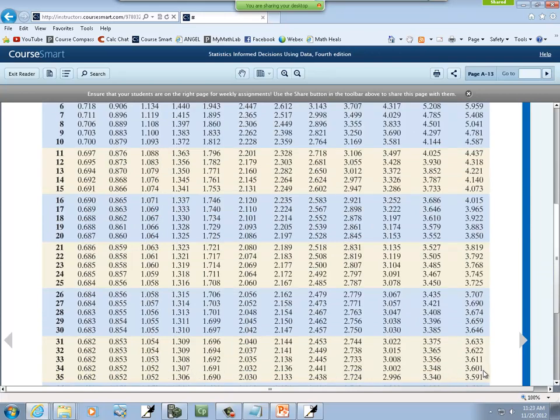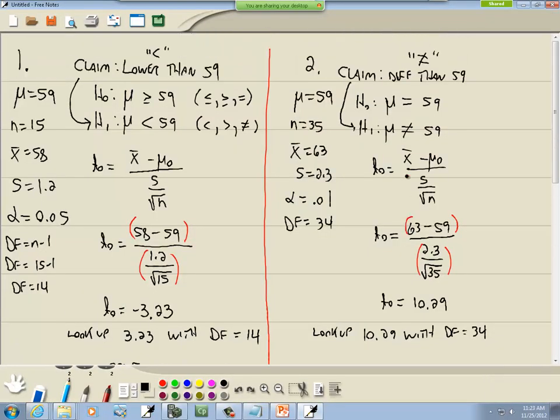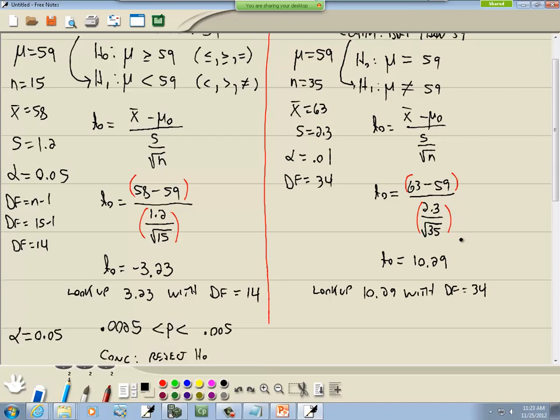That's kind of a big test statistic, isn't it? I guess that would be different. 63 and 59 are pretty widely apart.